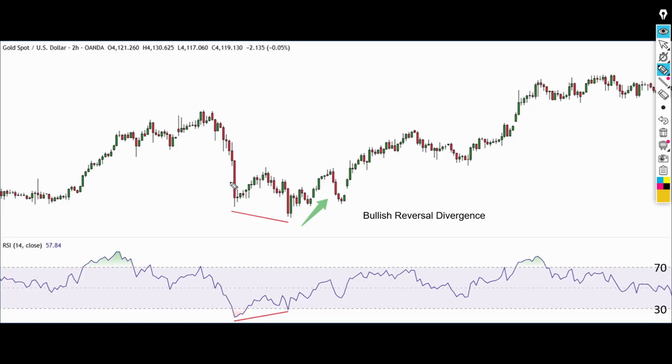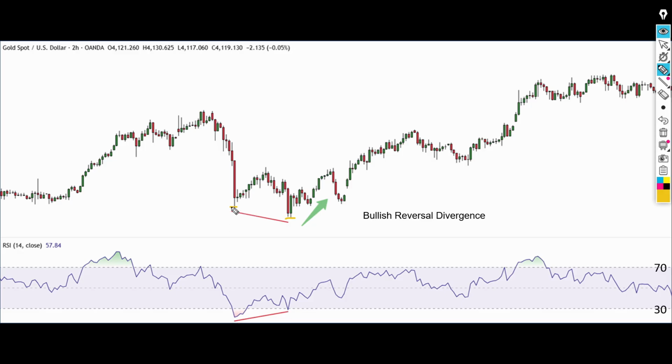Now, if we consider this particular move, we can see the price is making lower lows, because if I compare the low with the previous low, the price action is making lower lows. Let us compare these lows with the corresponding lows in the RSI indicator. Here the RSI is making higher lows.